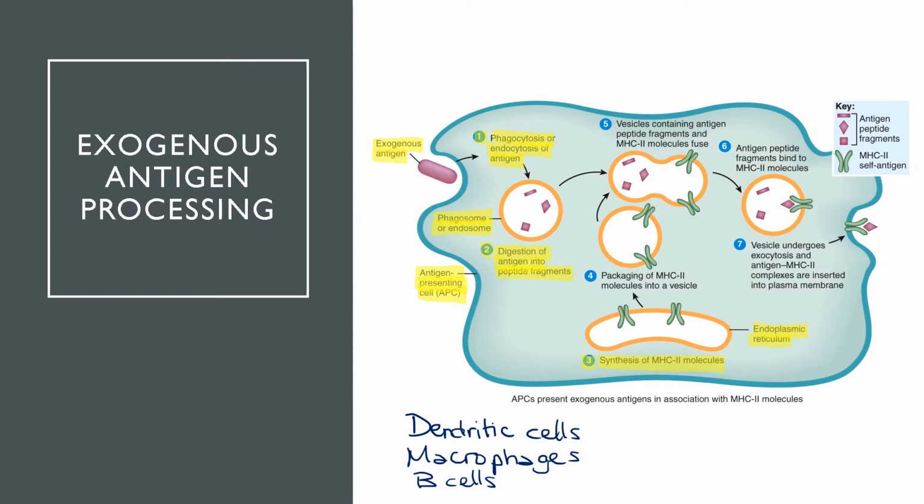An important note: exogenous antigens are presented on MHC2 molecules. This will be important on the next slide when we look at endogenous antigens, which are presented differently. So remember that exogenous antigens combine with MHC2 molecules.